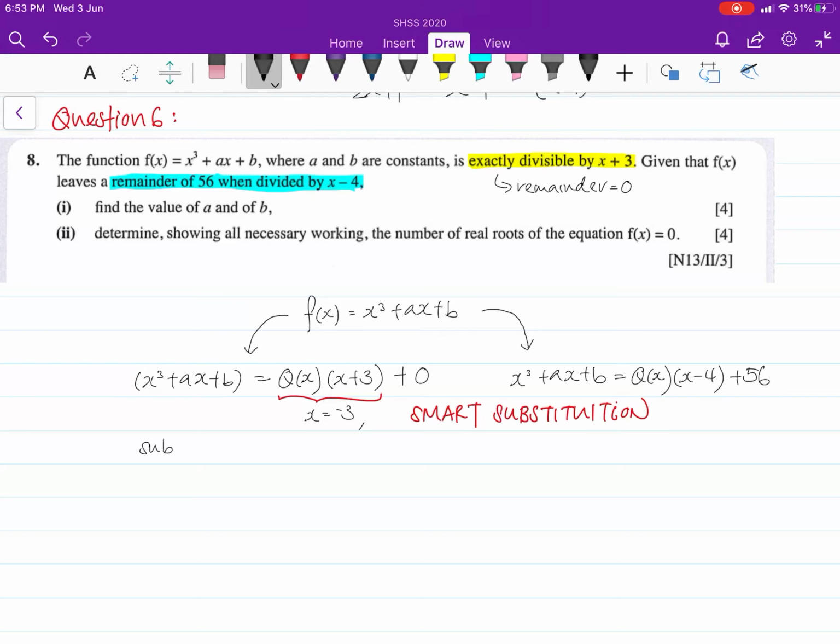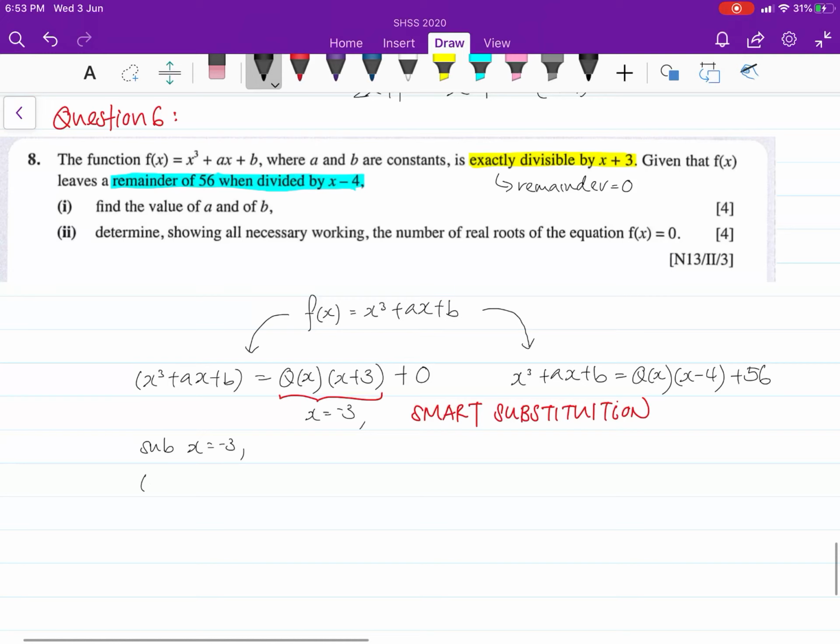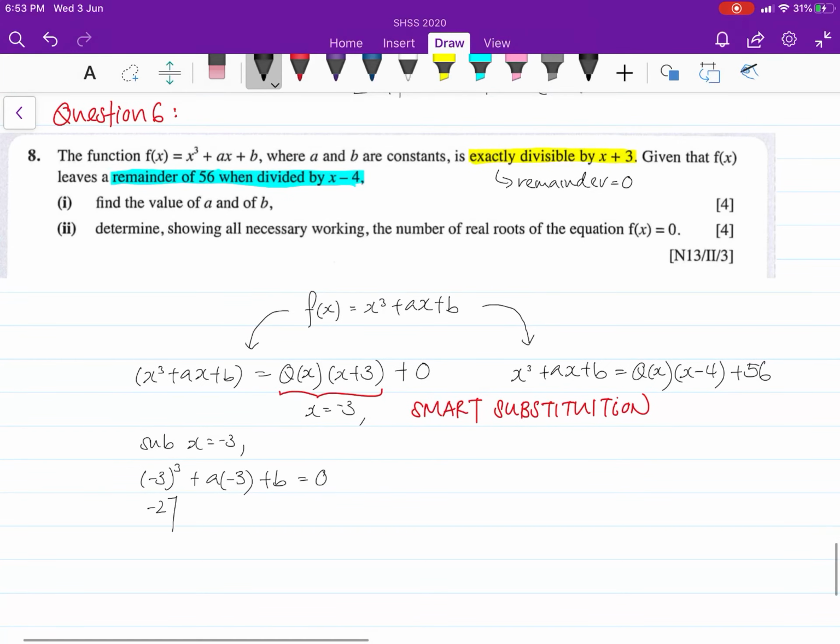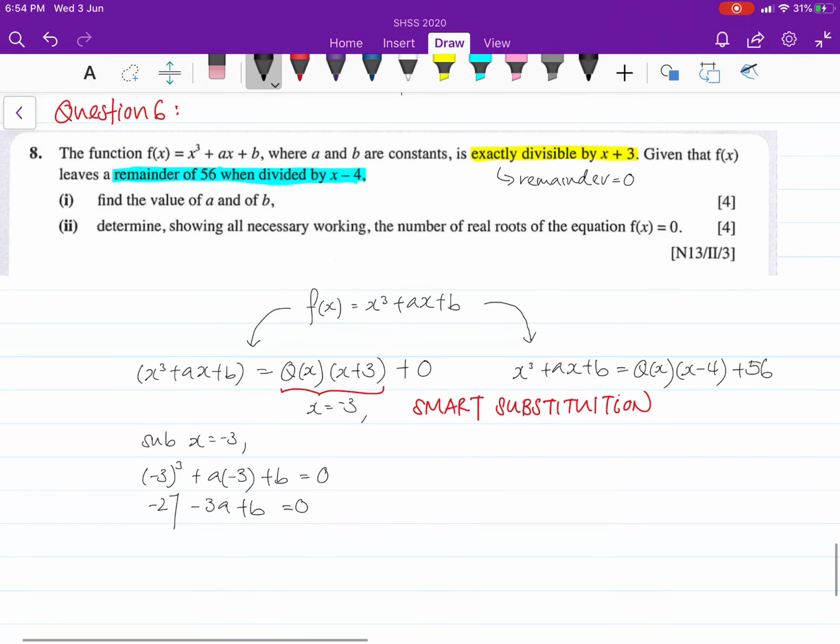I'll write negative 3 cubed plus a times negative 3 plus b equals 0, because after I substitute negative 3, the quotient term is 0. I get negative 27 minus 3a plus b equals 0. Now I rearrange it, I get b equals 27 plus 3a.